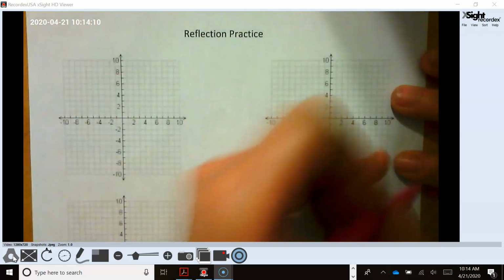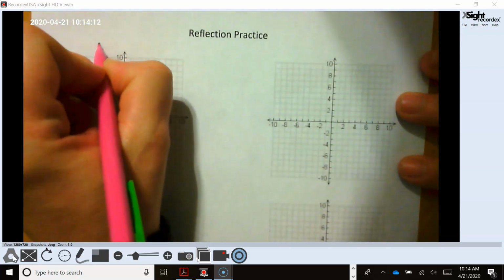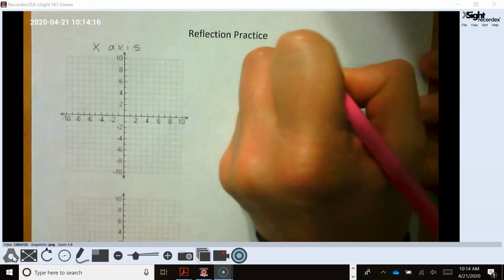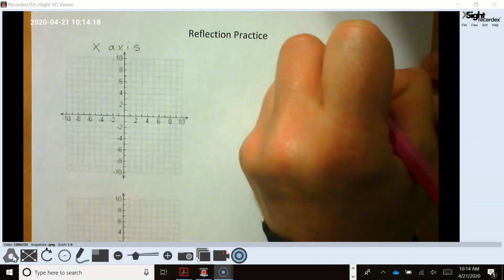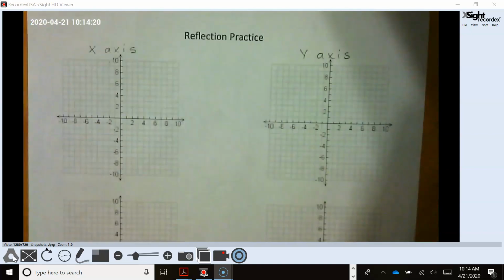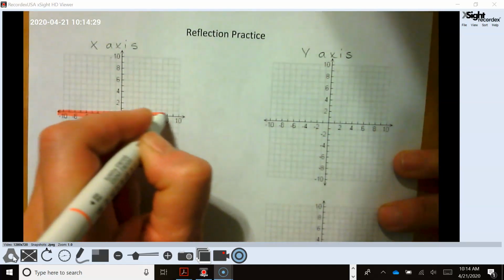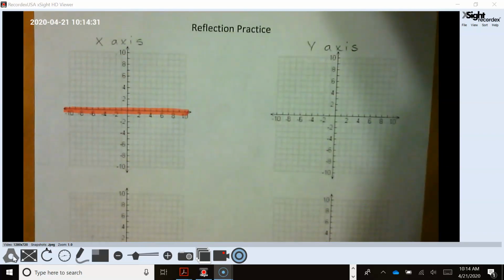So we were taking a look at reviewing some reflections. We're going to start by reflecting some points over the x-axis, and we're going to review reflecting points over the y-axis. We're going to start with just some points. Remember that the x-axis is the horizontal axis, the one that tells us how far we're going to run.